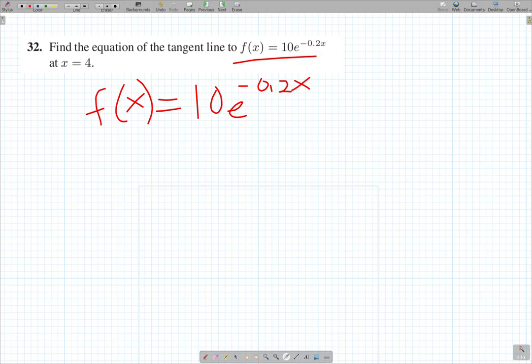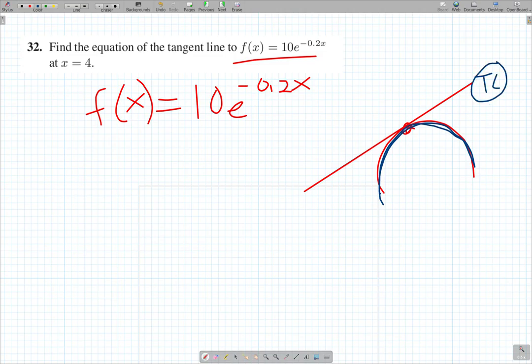So ibig sabihin, for example, ito ang curve natin, and then ang tangent line natin, mga ganito, no? Yan, for example lang. So ito ang graph na f of x is equal to 10 e to the power of negative 0.2x, and then this one is the tangent line na required, no? The equation of the tangent line, right?